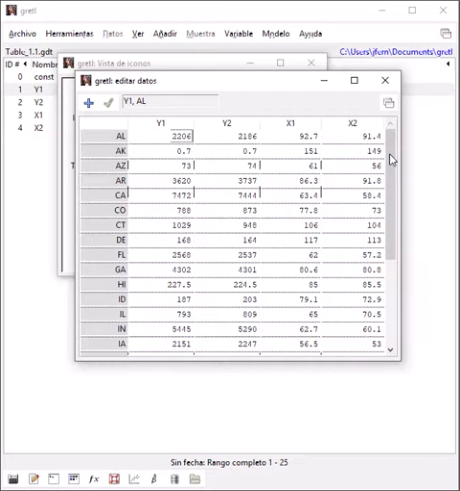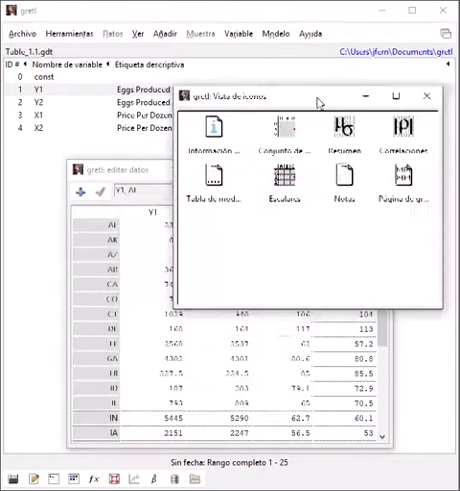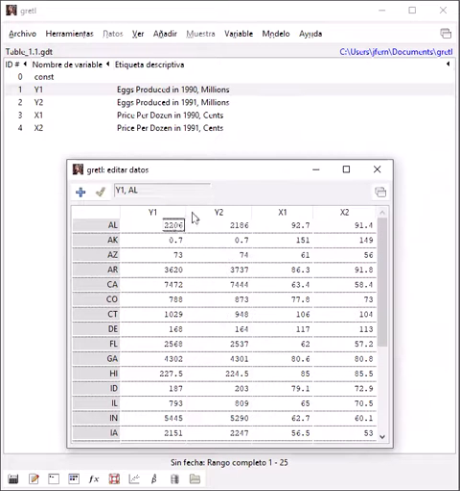A time series is a set of observations on the values that a variable takes at different times. So we have time 1 and time 2 for the egg production, the egg production in time 1 and the egg production in time 2.